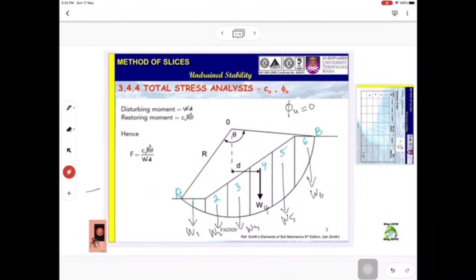But you can still take it at the middle, because this is B, so at the middle, or at 2/3 or 1/3.